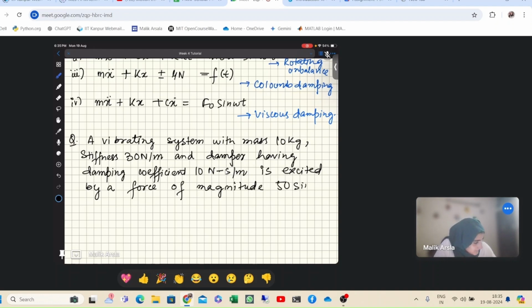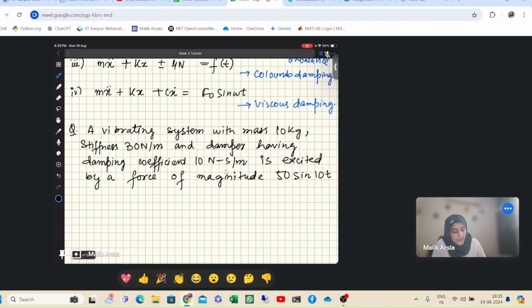What would be the time period of oscillation?